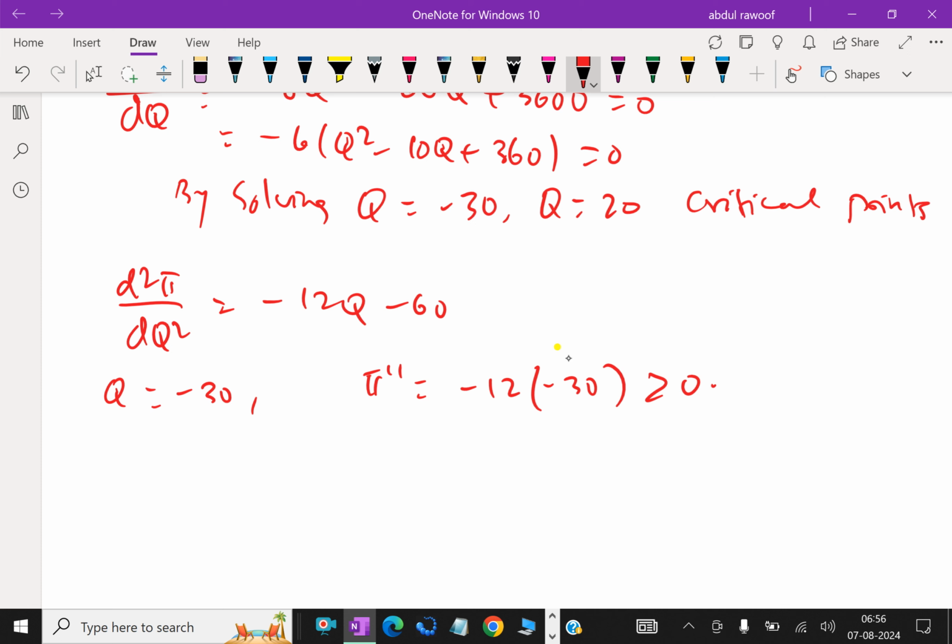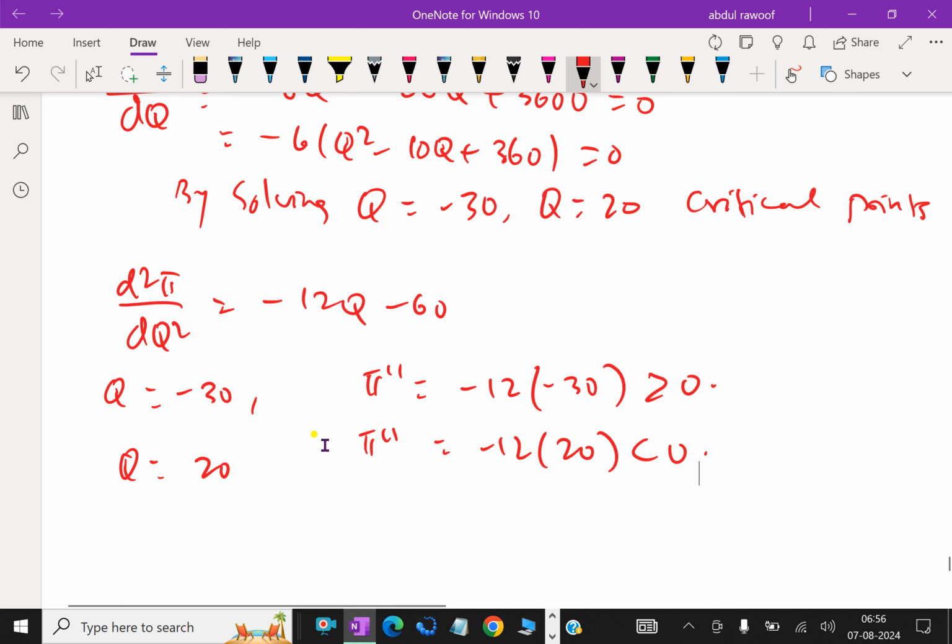Then at q equal to 20, minus 12 into 20 is less than 0 because it is a negative number.